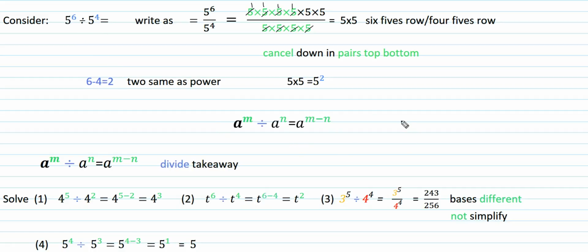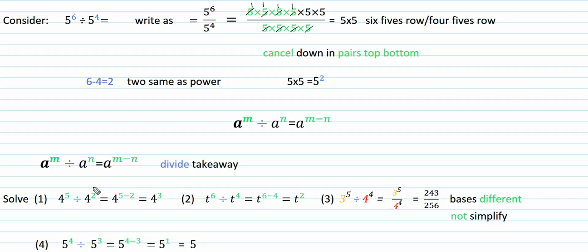Now this is the general form, the general law of the second law of indices. It's a to the power m divided by a to the power n, which is equal to a, so the base stays the same, to the power m minus n. Because we're dividing, we take away the indices.